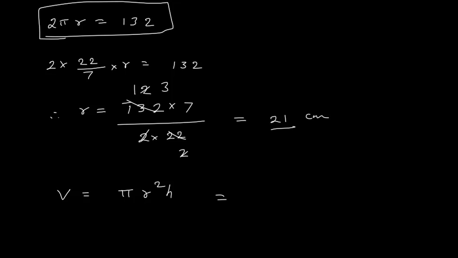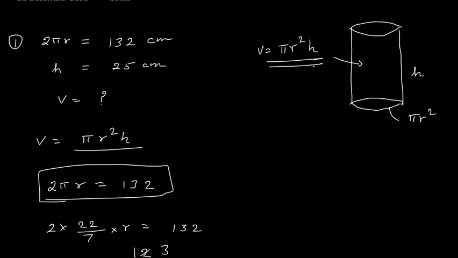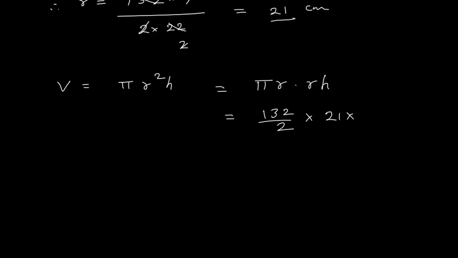So here I will rephrase this as pi r into r h, and I will put the value of pi r, which is 132 divided by 2, into the value of r, which is 21, into h. h is 25 centimeters.